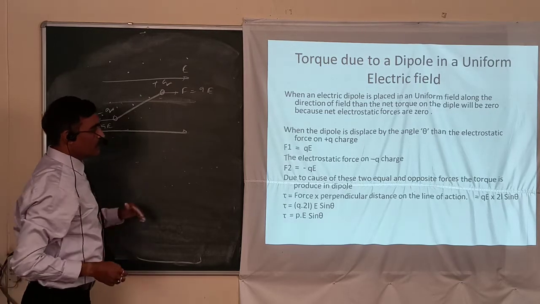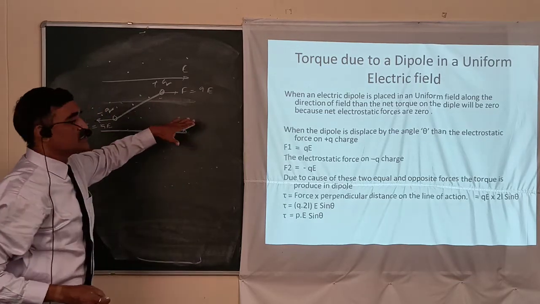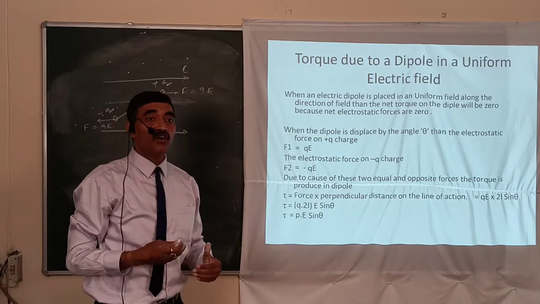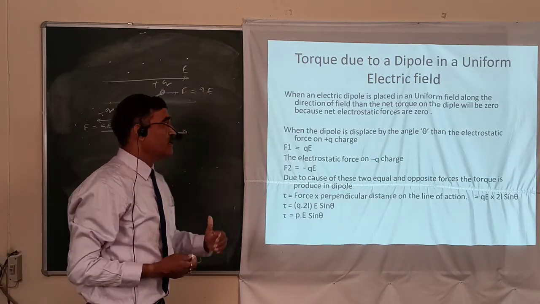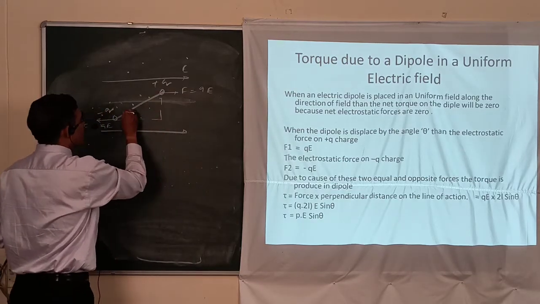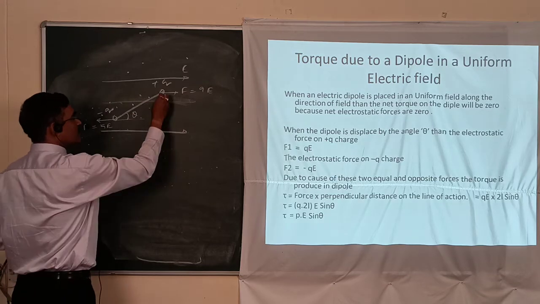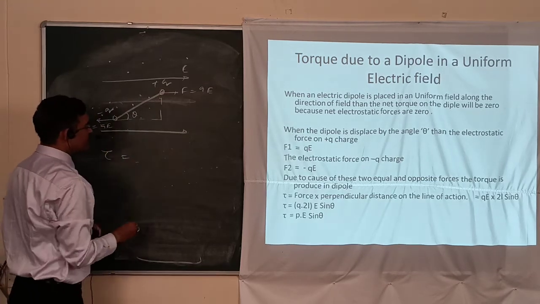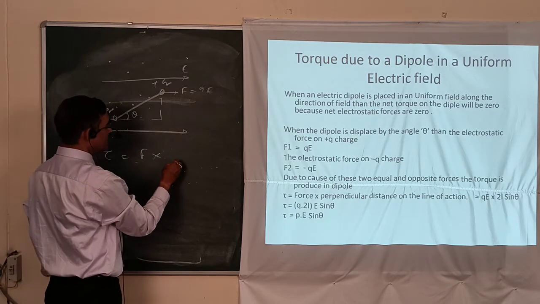So the forces on both the charges are equal in magnitude, opposite in direction, parallel to each other, not acting on the same point. So they form a couple, and the magnitude of that torque will be given by force into perpendicular distance between them. So torque will be given by F into perpendicular distance.